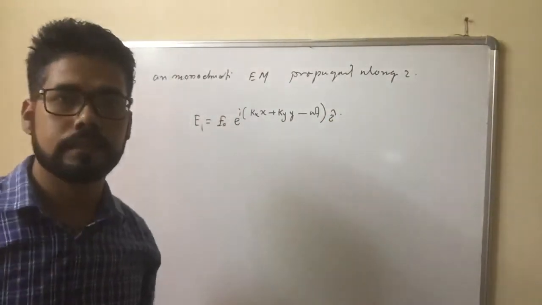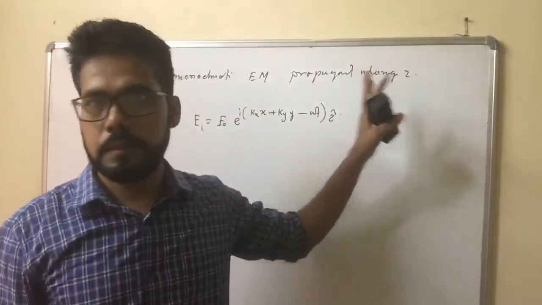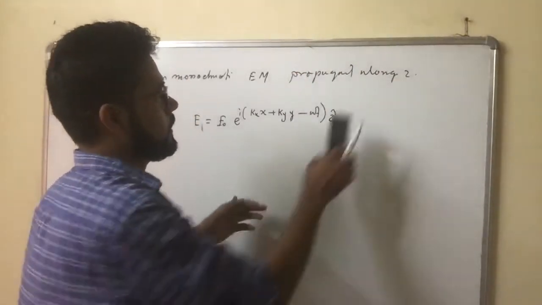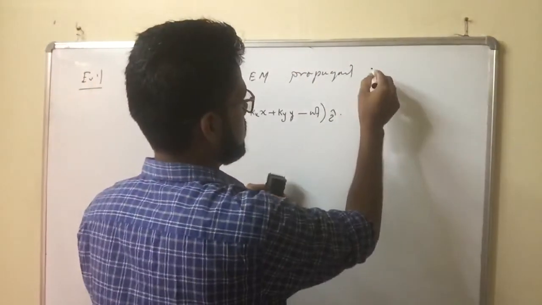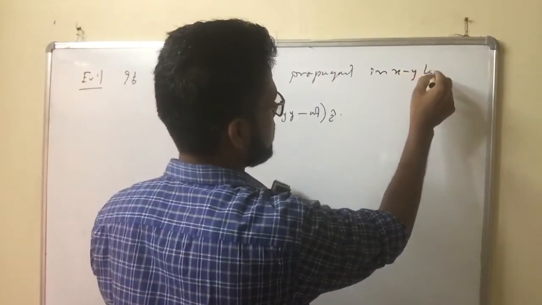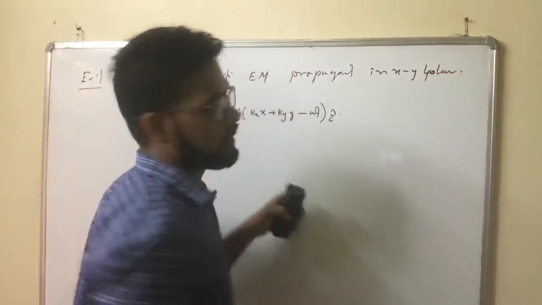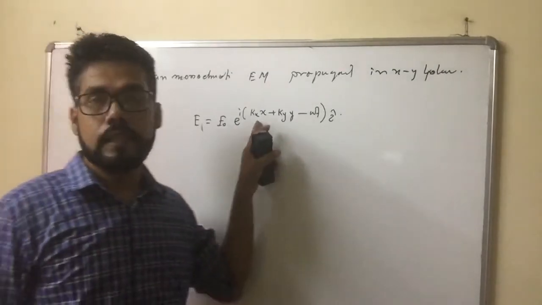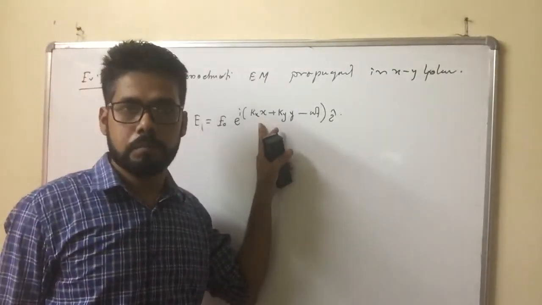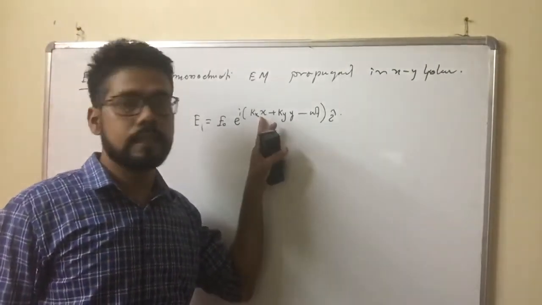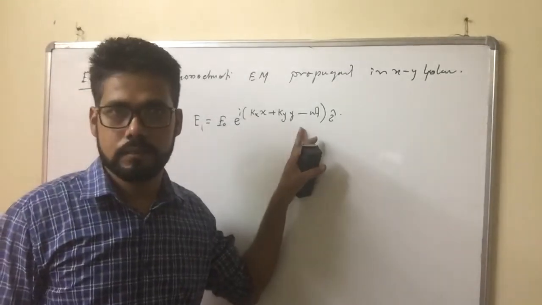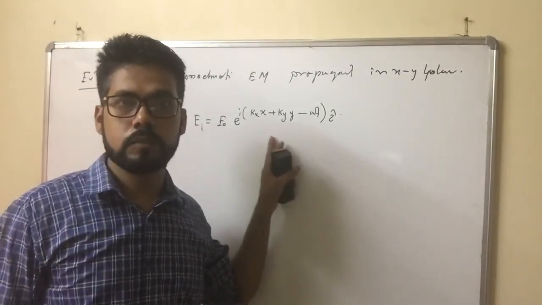Now what do we understand? In the previous question it was in the xy plane. Now what happened? Now you cannot say the electromagnetic propagation is along the x direction as well as the y direction. Now it is a two-dimensional case.